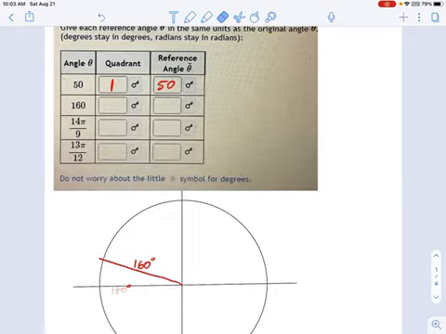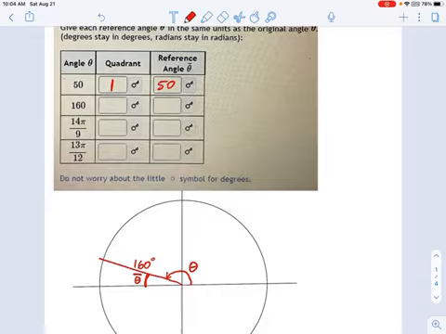I got over enthusiastic with my erasing there. The reference angle, remember, is the angle between the terminal side and the x-axis. The smallest angle. So I would not, for example, call this my reference angle. That's just theta right there. But the reference angle is the smallest angle between the terminal side and the x-axis. So here we are. There's my reference angle.